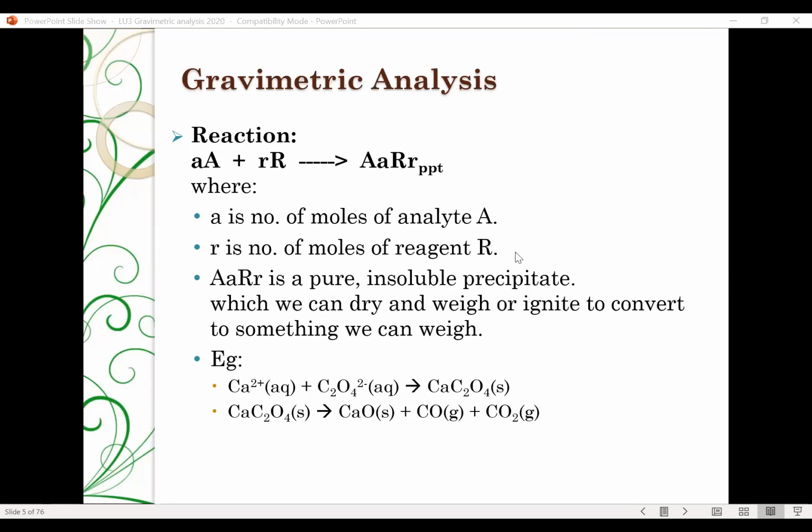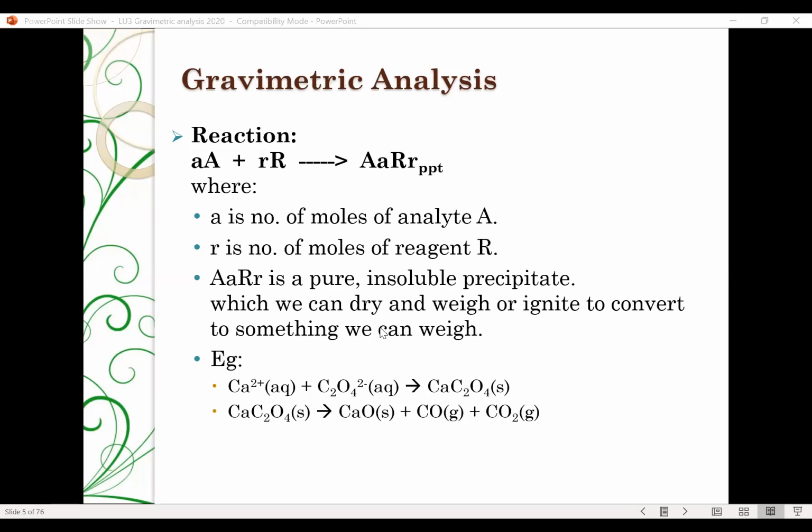So what could it be? Is it volatilization gravimetry or particulate gravimetry? All right. When we are dealing with volatilization gravimetry, as has been mentioned previously, it's about heating the sample or any treatment which causes the sample to release volatiles.